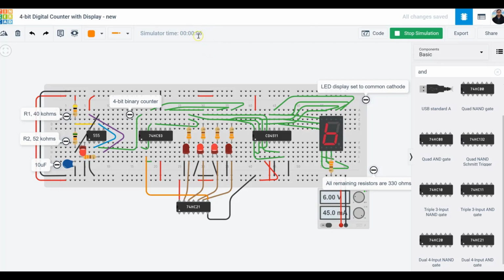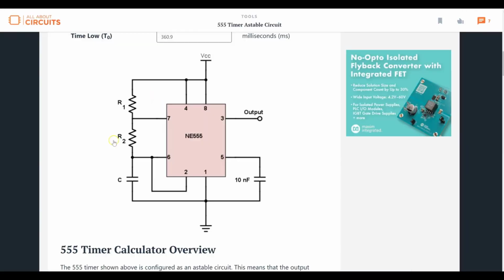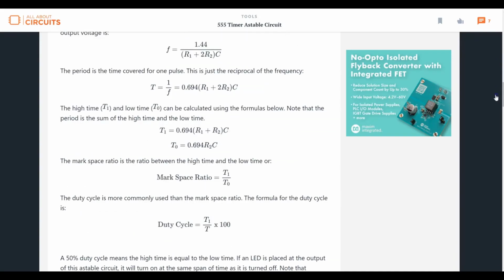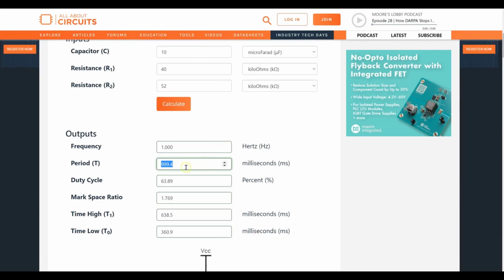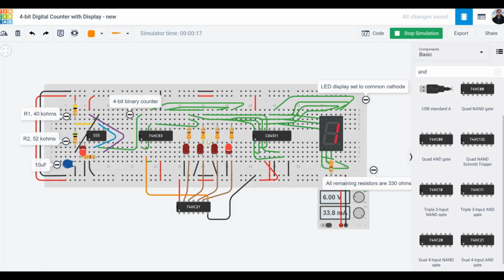So the numbers are exactly matching, because the values of these resistors and the capacitor were chosen such that it gives a time delay very close to 1000 milliseconds, which is equivalent to 1 second, right? Hence the two values are an exact match. So 15 plus 5 is 20, so you get 20 here, right?